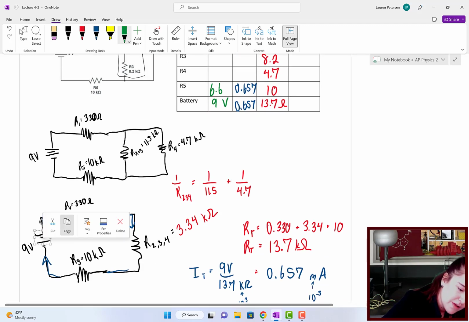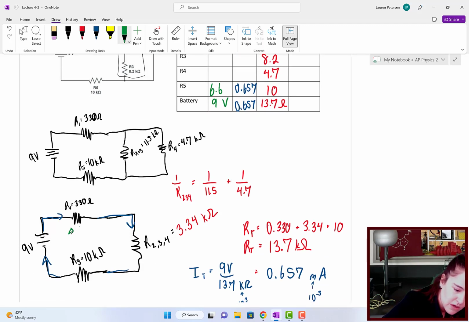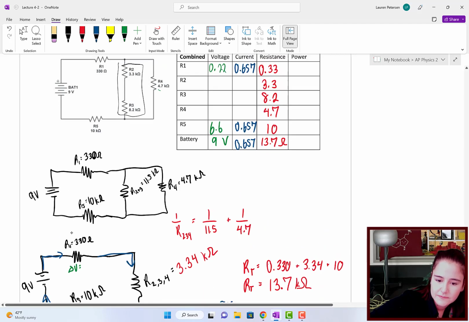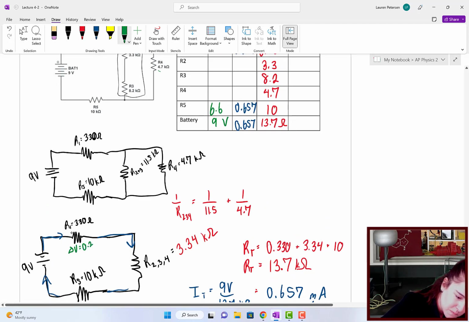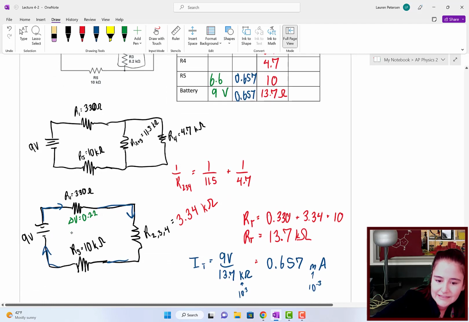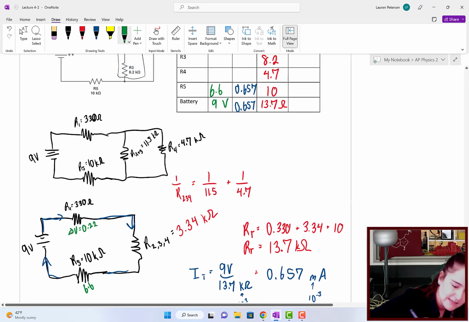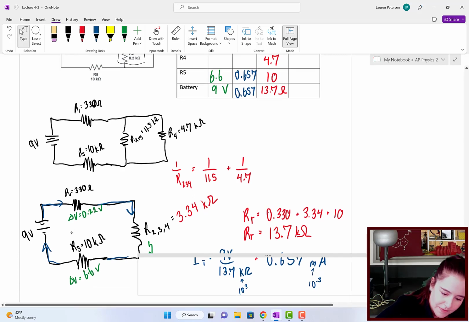Okay. So I'm going to add that information to our pictures. So we'll have a delta V of 0.22 there, and for that 10 ohm, 6.6. Now I could also find that voltage drop across the R23.